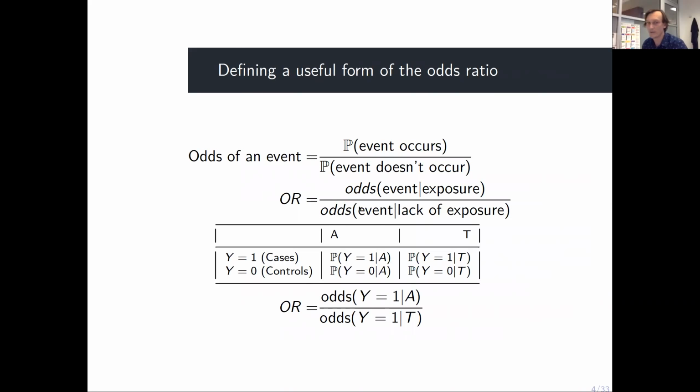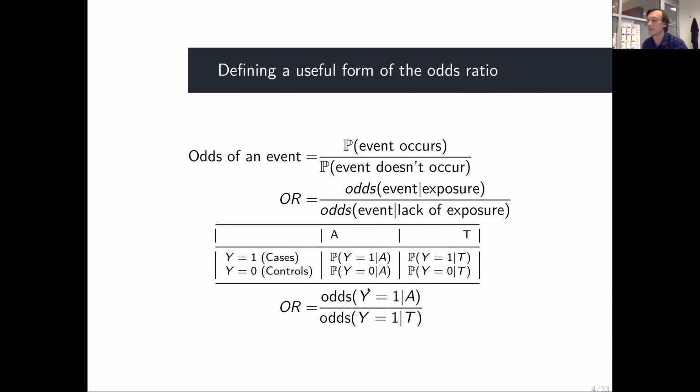And then we can express the odds ratio as the ratio of the odds of the event given the exposure over the odds of the event given the lack of the exposure. So the odds ratio is looked at when we have these conditional probabilities, which often can be expressed in this 2x2 table here.